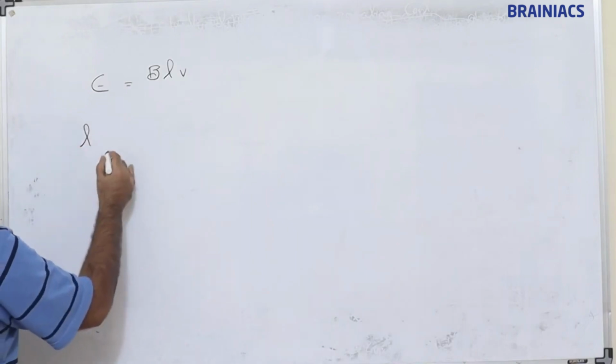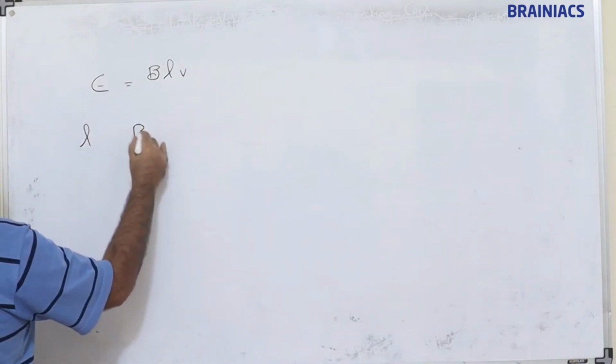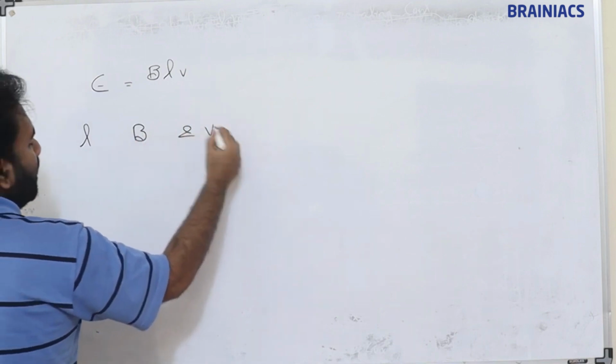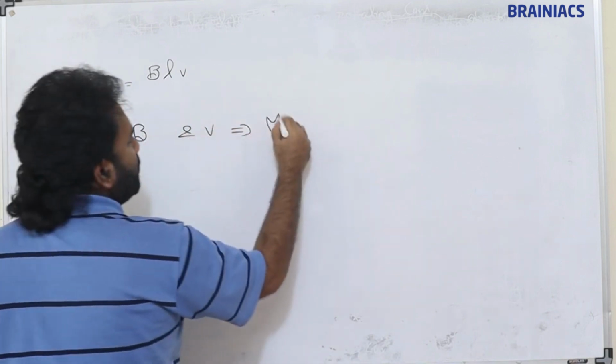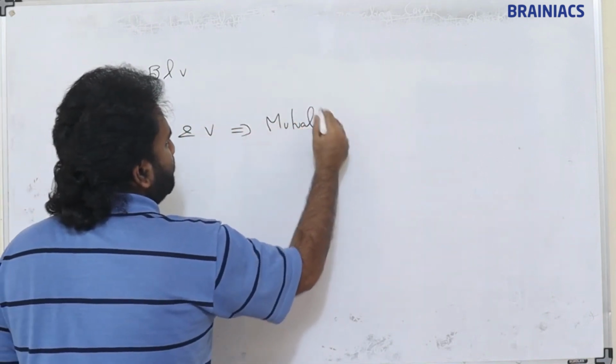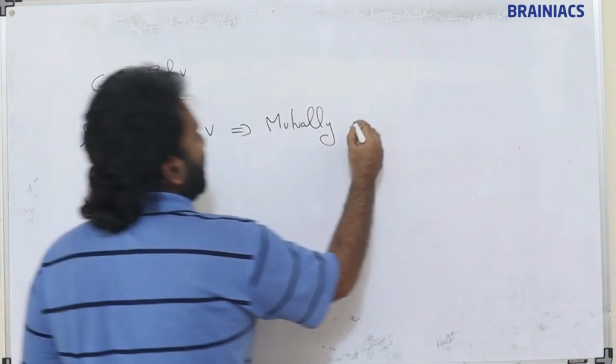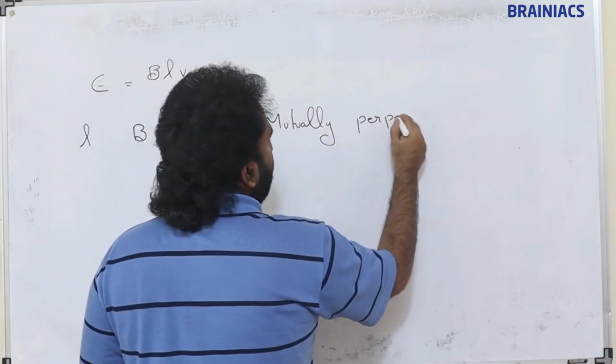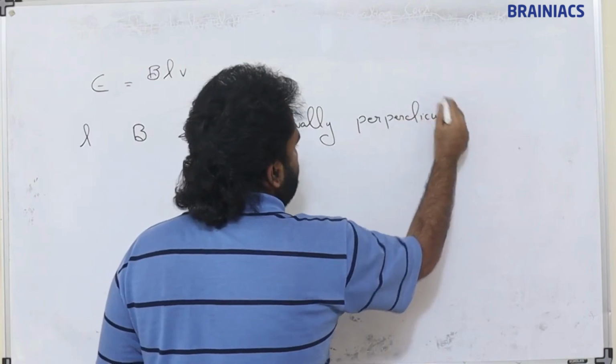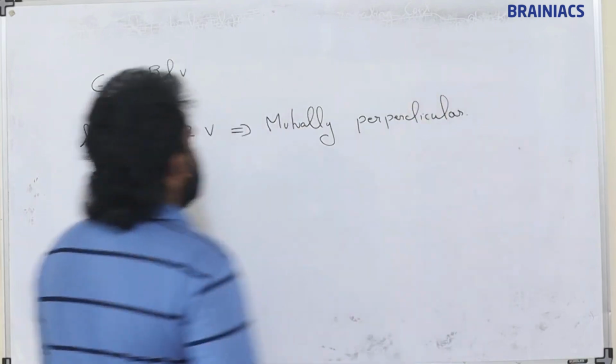This L, B and V must be mutually perpendicular. They must be mutually perpendicular.